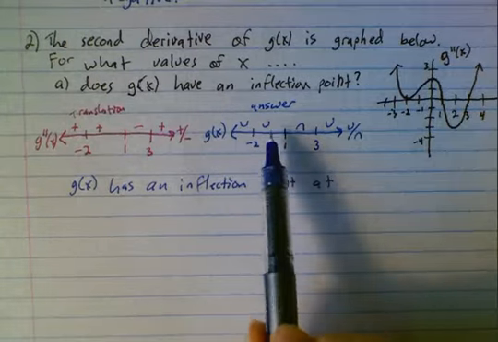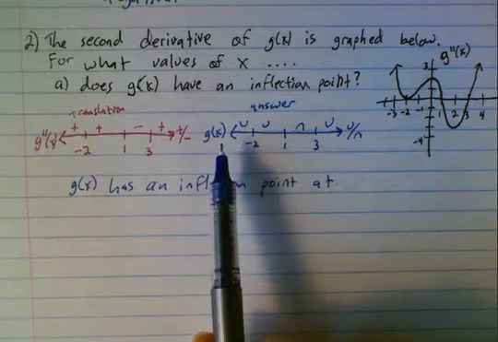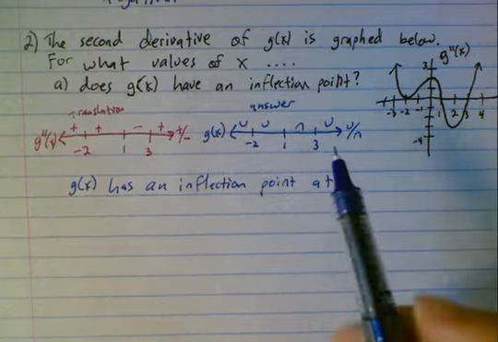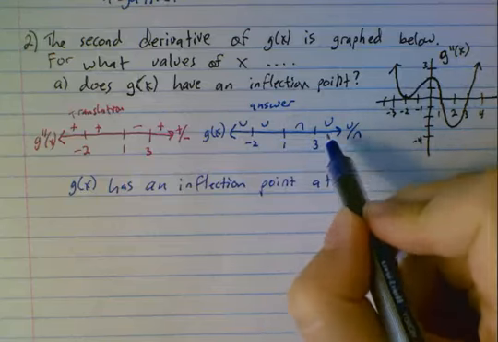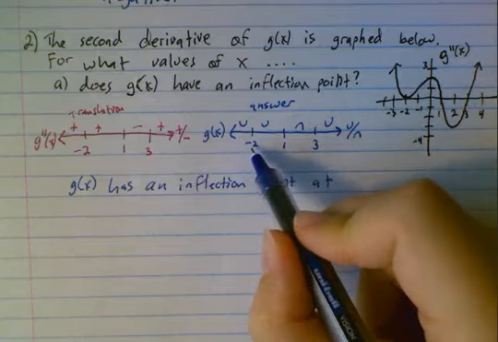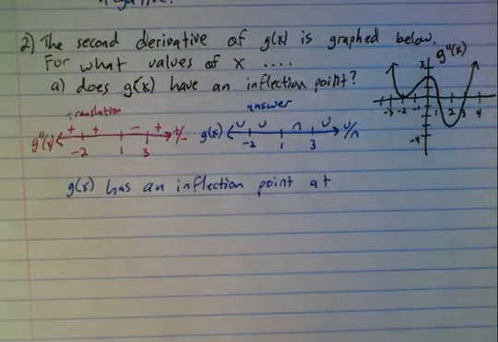Now notice, we only have inflection points when g of x changes concavity. So there's an inflection point here and there's an inflection point here, but there is no inflection point at x equals -2.